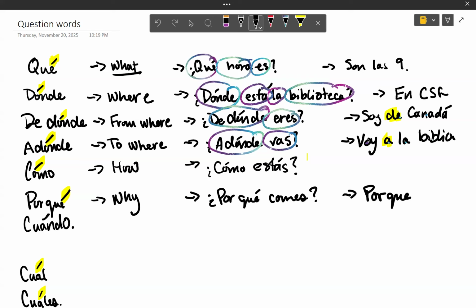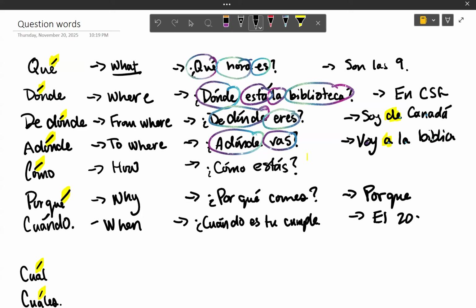And then down below, we have when. And on the quiz, I put ¿Cuándo es tu cumpleaños? And you may not know what cumpleaños is, but if the answer is a date, you're probably going to use cuándo because cuándo means when, right?